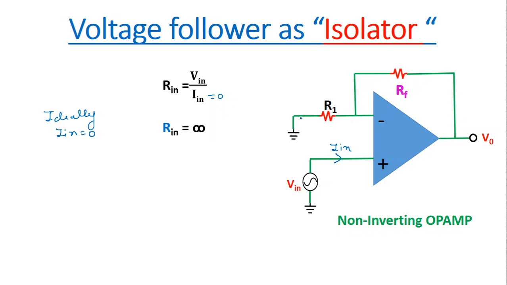Since practically the input impedance of the non-inverting operational amplifier is very high, when the circuit has very high input impedance, little current is drawn from the source. Let us understand it by Ohm's law. By Ohm's law, I is equal to V by R. So if the supply circuit is feeding a high impedance load, resistance increases, then current decreases.